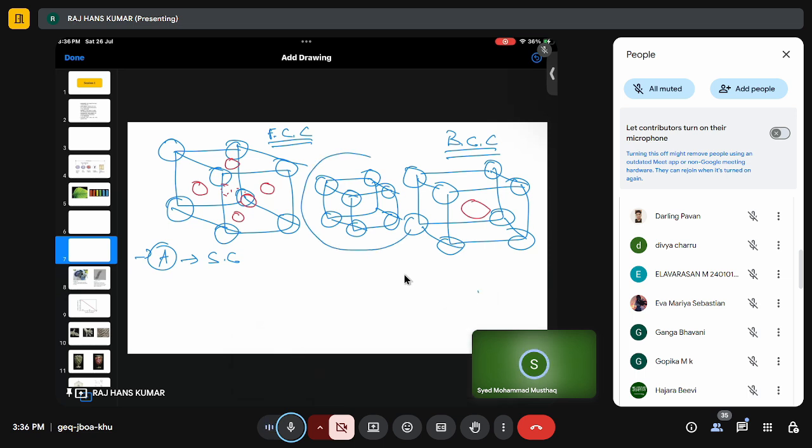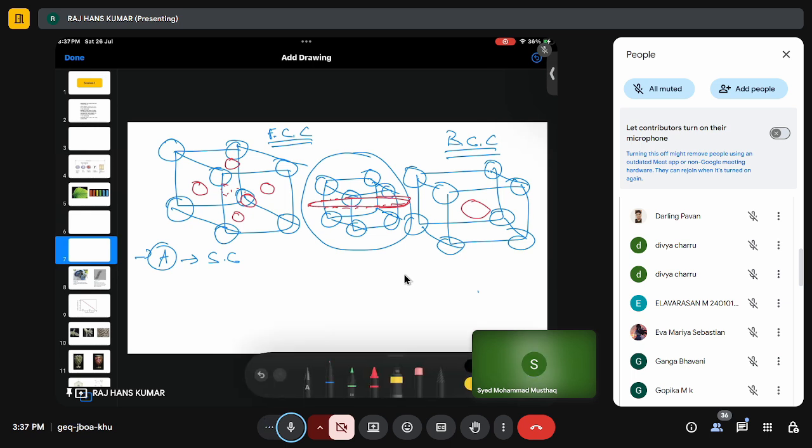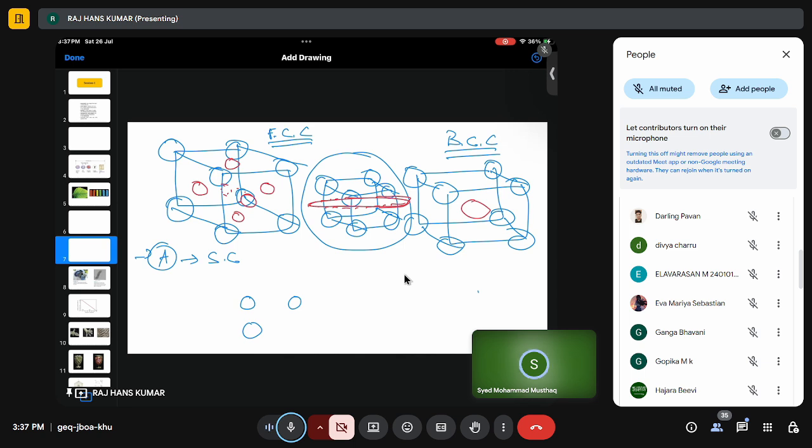And if you see my simple cubic, all atomic bonds are satisfied. Now, I am trying to cut the simple cubic along this direction, cutting it in half. Then, if I see it from the top view, these atomic bonds are not satisfied.